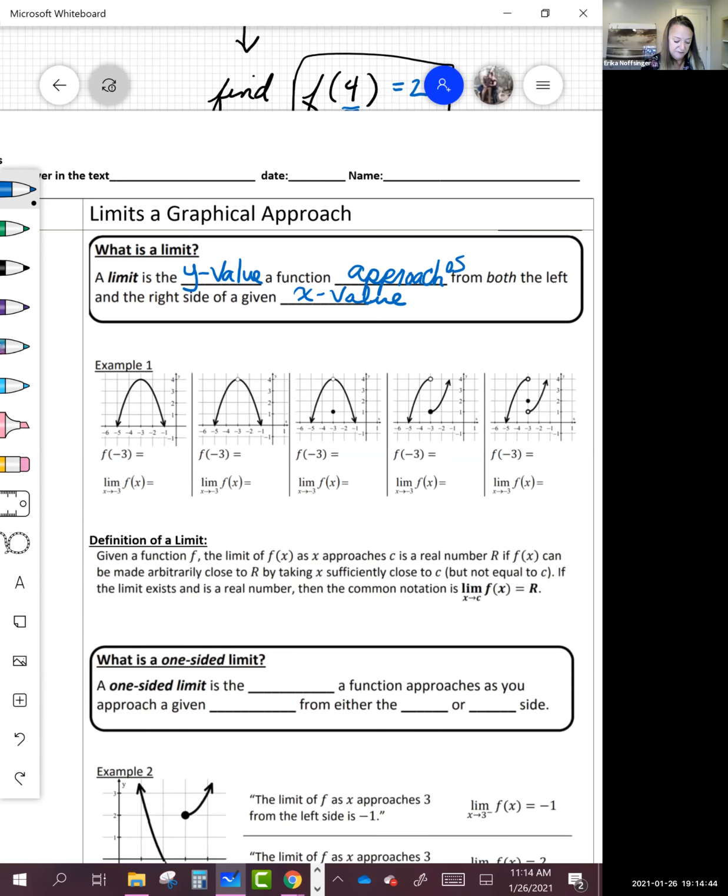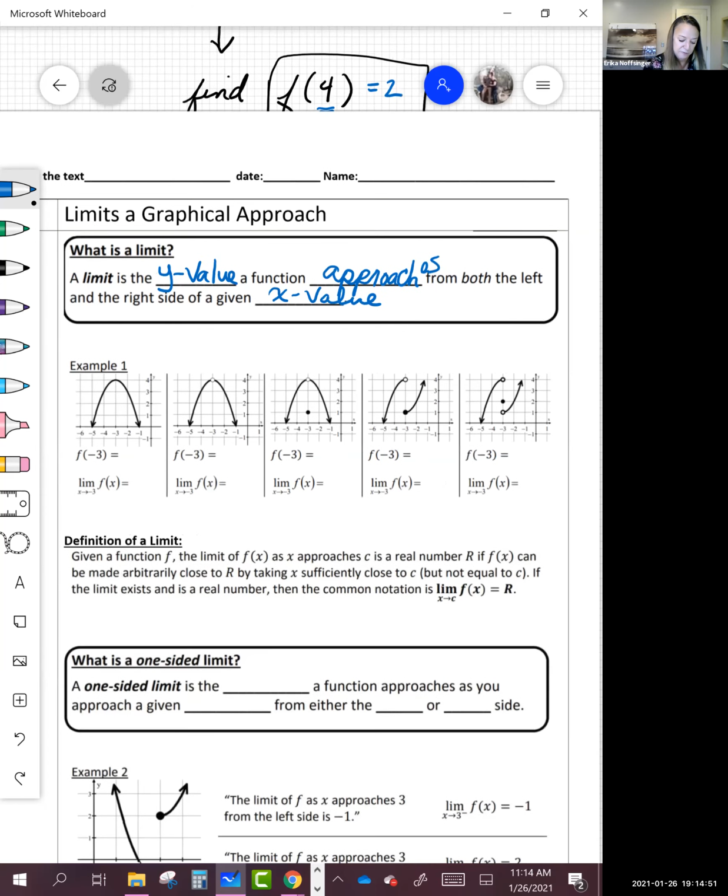Okay, so looking at the following graphs, we want to look at the limit and the value of the graph. Before I do that, let me give you some notation on how to write a limit.